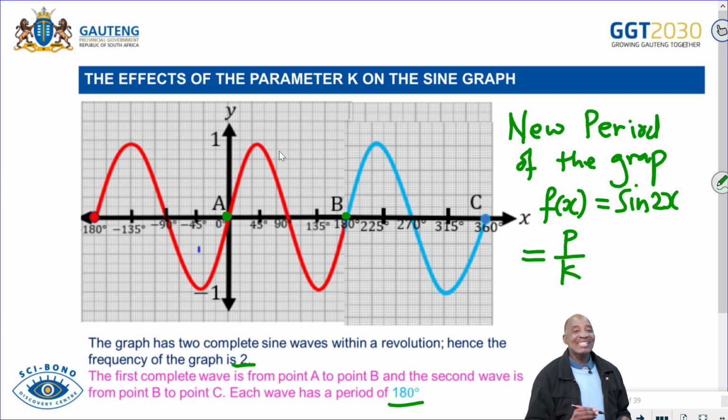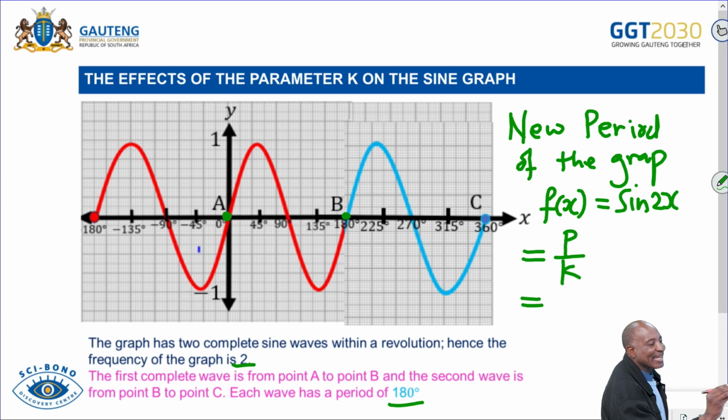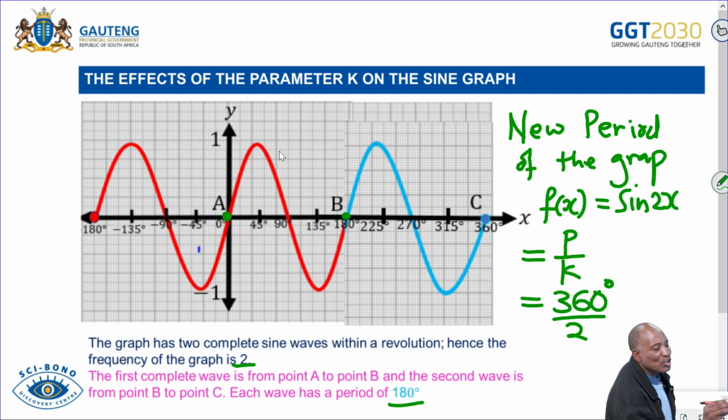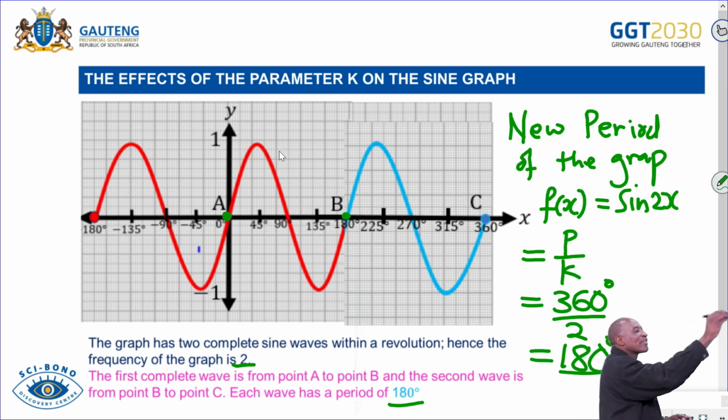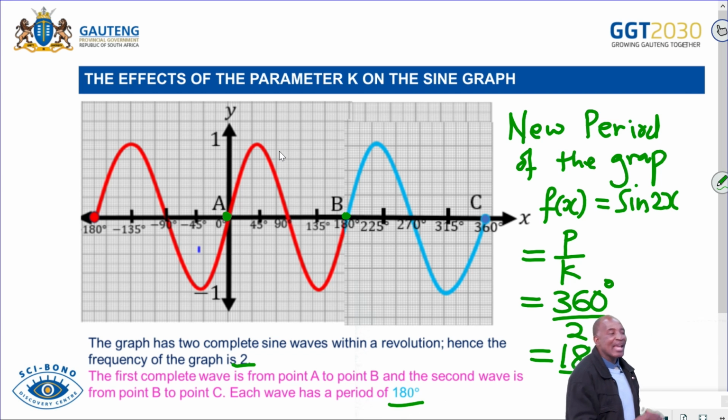You go back to the standard period, you divide by k. Our standard period is 360 degrees, divide by 2, it comes down to 180 degrees. So when I introduce a 2 to x, it means I'm going to have a frequency of 2 in a revolution. I'll see 2 complete cycles, and then the period is no longer 360, it's now 180, 180.